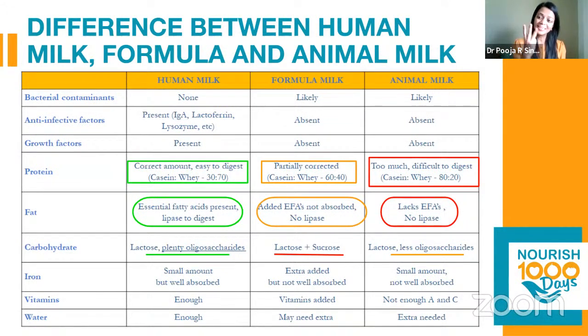So we have 3 years to complete 80% of our brain growth, and for that, the mother's milk provides very important essential fats, the very beneficial essential fatty acids, which are omega-3 fatty acids, and we commonly read about them as DHA. So DHA is there now in formula milk also.